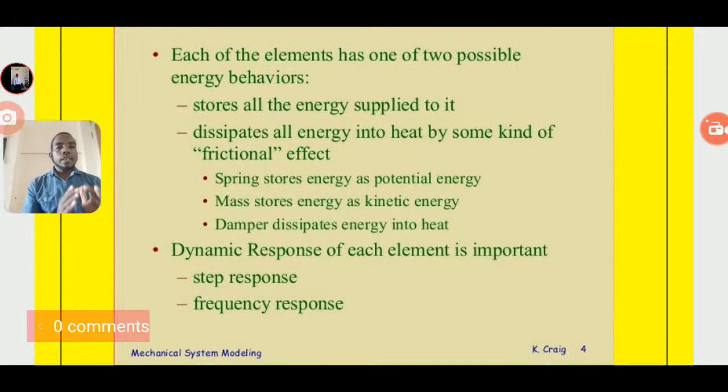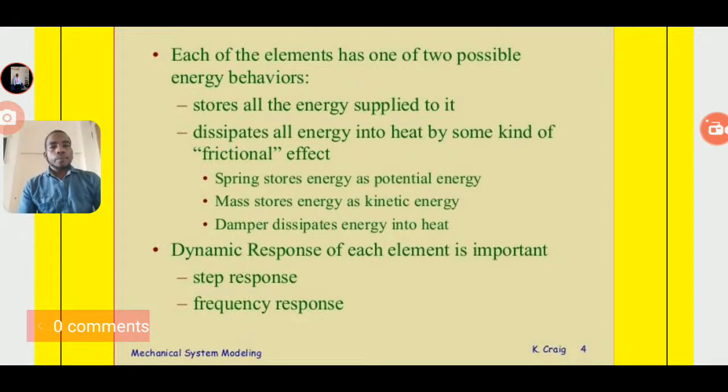Kinetic energy is the energy due to motion. The potential energy is equal to mgh, where m is the mass of the object, g is the gravity, and h is the height of the body.